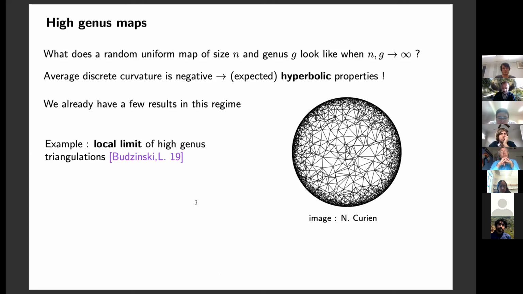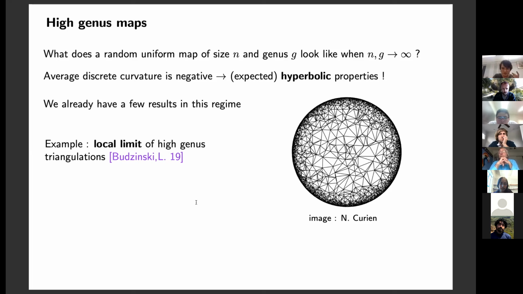It's the identification of the local limits of high genus triangulations. So you take a surface with very high genus built only with triangles, and the local limit, as opposed to a scaling limit, is a different focus. For a scaling limit, you look at your object from afar, so you don't see the details.